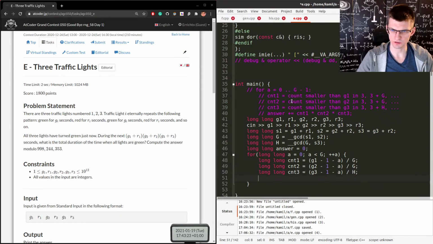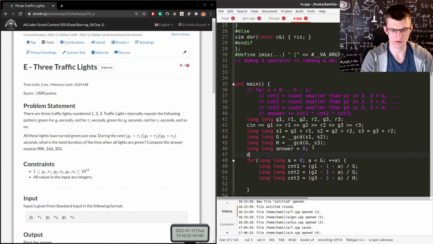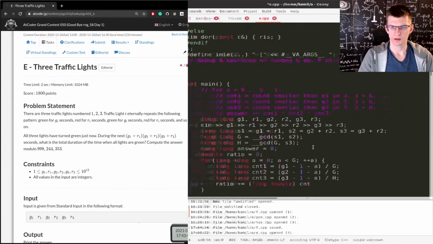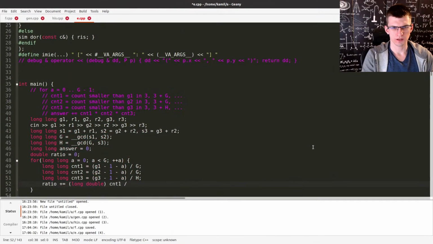As I said, we don't just multiply counts. Every count tells us kind of what's the percentage of good values. Like that. Count 1 among how many? S1?